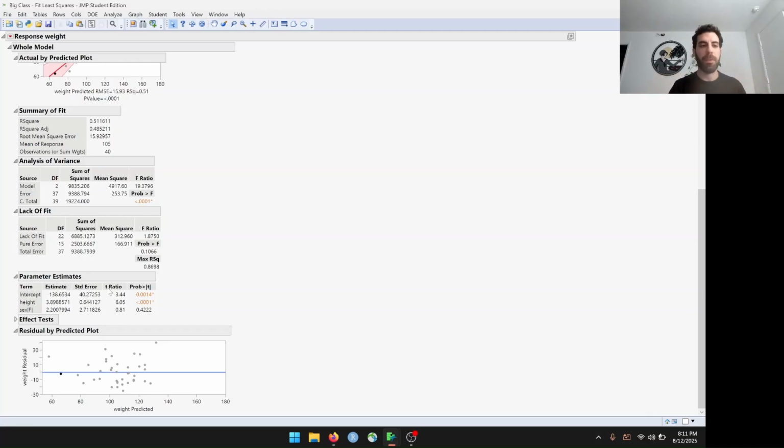Again, it's an oversimplification. We know that there's more than two levels to gender, but this is sample data that's been provided by JMP that's pretty outdated. They just gave us two levels for this category. And in this case, we have an estimate of 2.2, meaning that females are 2.2 pounds heavier than the holdout or baseline, which is males.